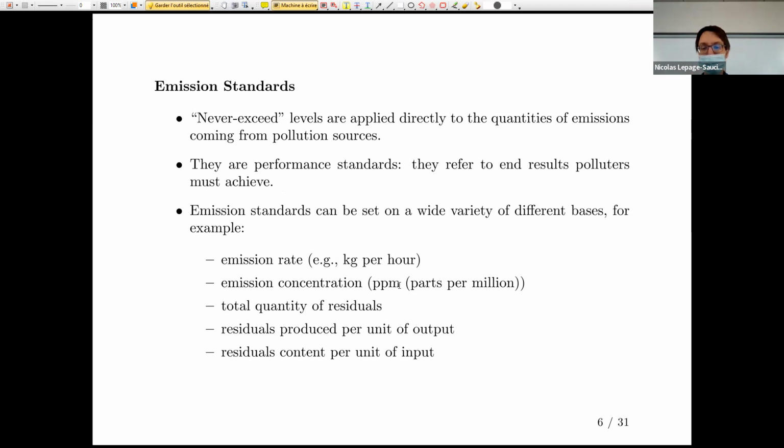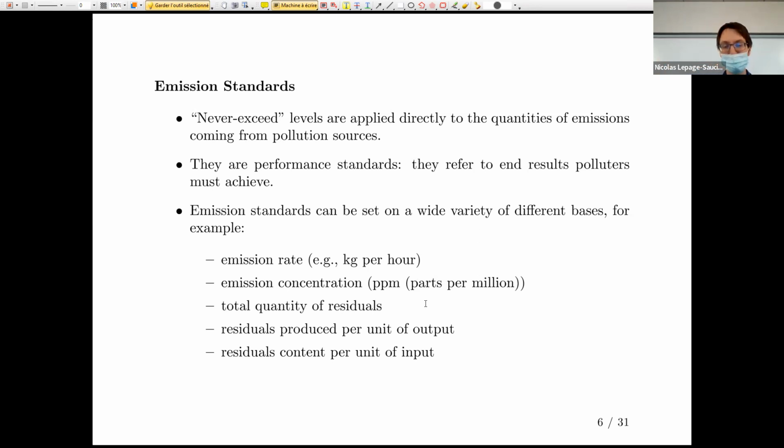For instance, you could have standards per city, and just say, okay, each city must have at most this level of particulates per part per million. Otherwise, they're somehow in violation of the law, so they must do something about it.